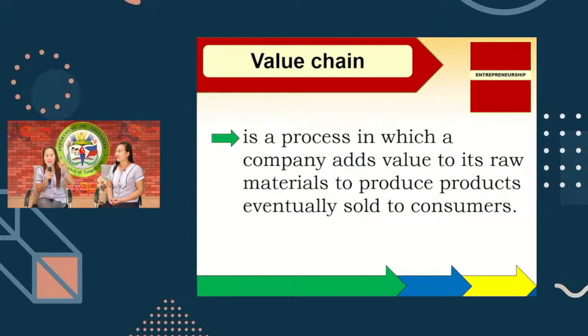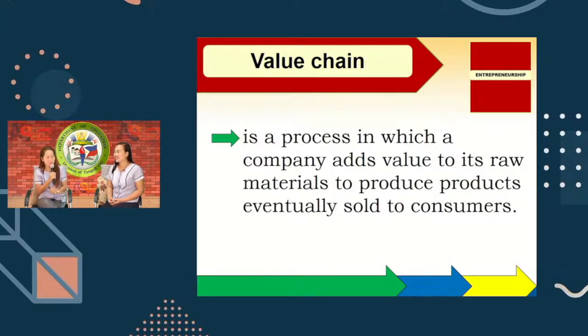So we have primary and support. Those are the two activities of the value chain. The primary activities consist of 5 components, and all are essential for adding value and creating competitive advantage.